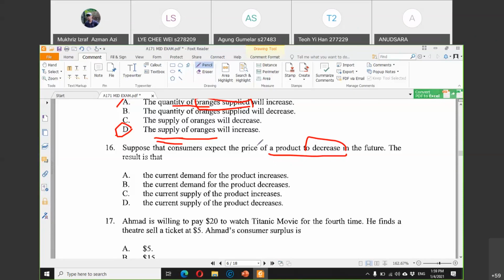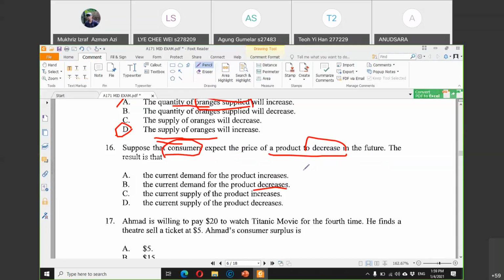This is about the consumer, so you're talking about the demand side, not the supplier side. You can just use your own logical reasoning. If you expect the price to decrease, are you going to buy more now, or less now? The current demand of the product will decrease, because you will buy more in the future.